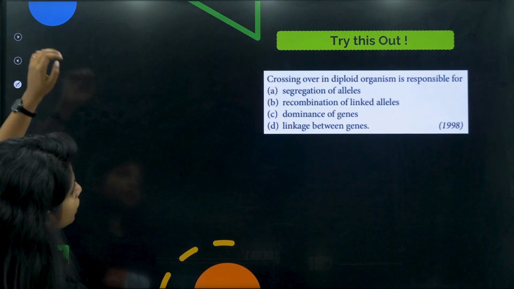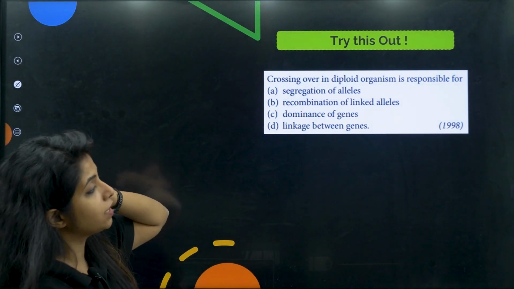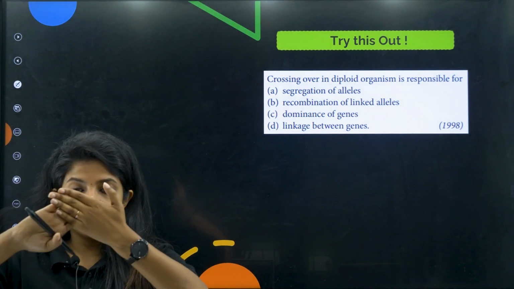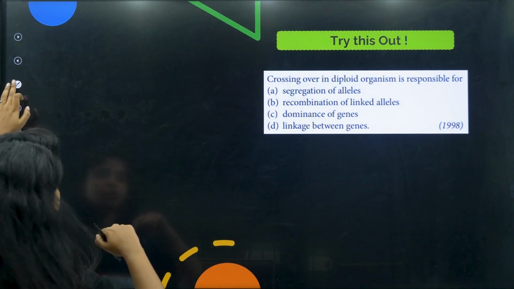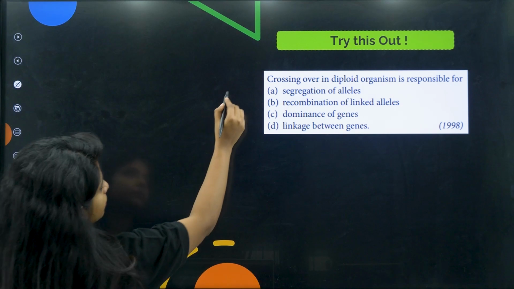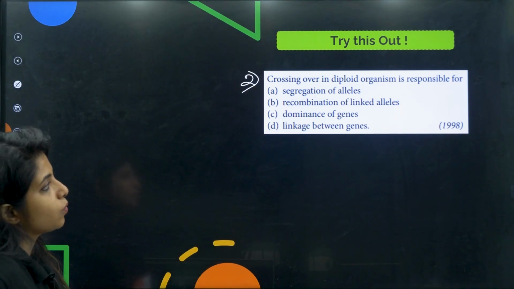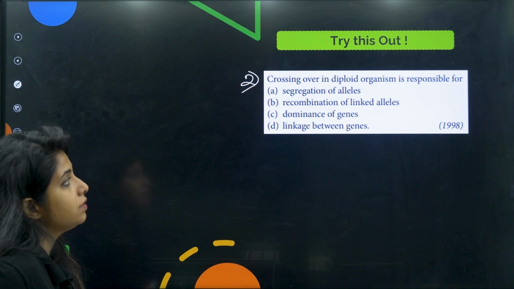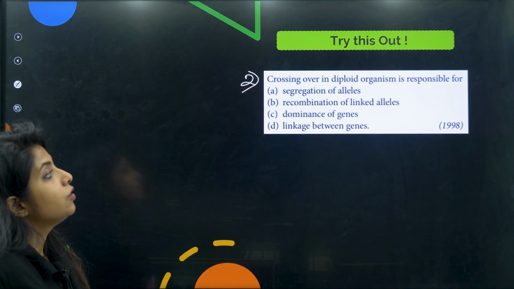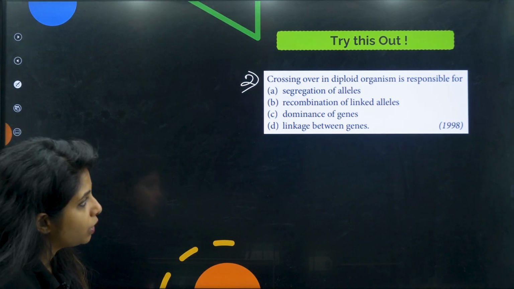Okay, going ahead, crossing over in a diploid organism is responsible for what, children? I told you about chromosomes when they cross over. Tell me, this is the second question. Crossing over in a diploid organism is responsible for segregation of alleles, recombination of linked alleles, dominance of genes, or linkage between genes.